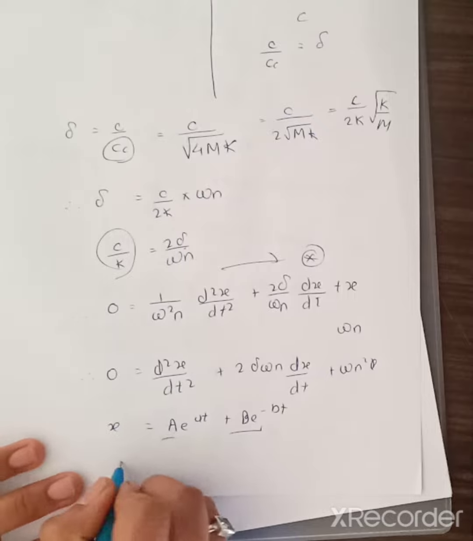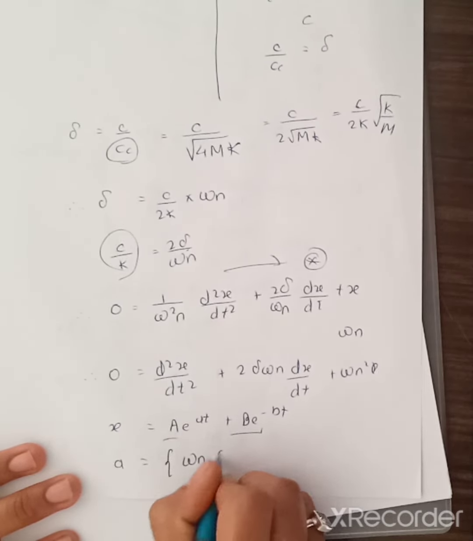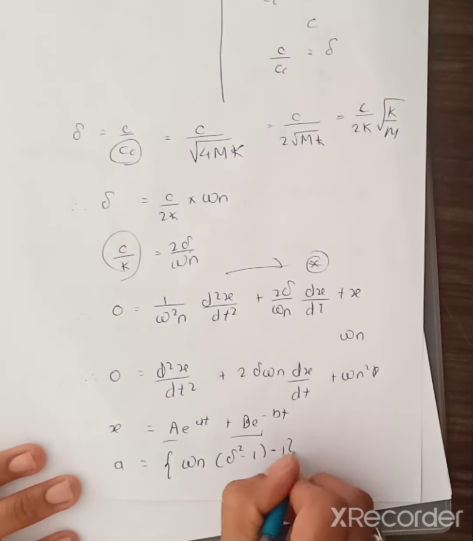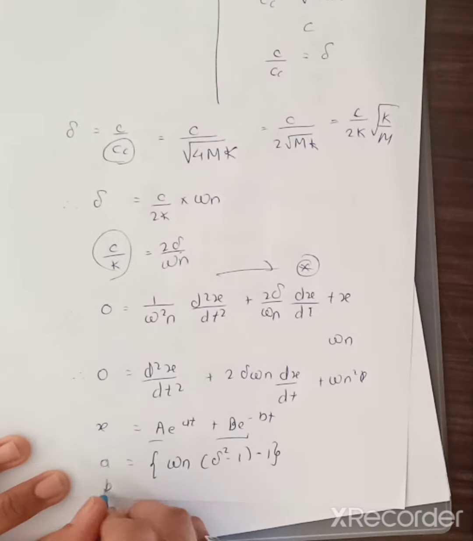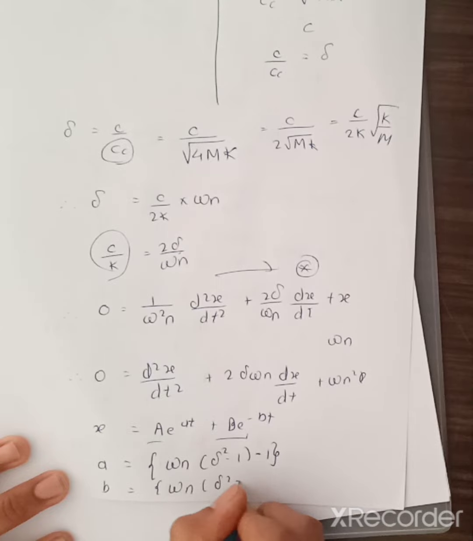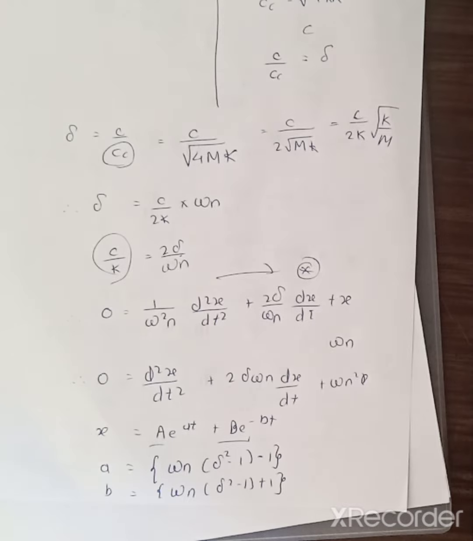We can obtain a is equal to omega n bracket root of del square minus 1 minus del bracket complete, and b is equal to omega n bracket root of del square minus 1 plus del bracket complete. We can obtain the resulting graph of displacement with respect to time, and it depends upon the damping coefficient, and hence we can find the value of C.